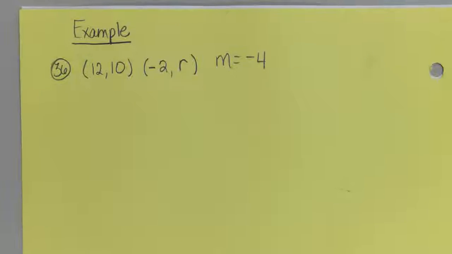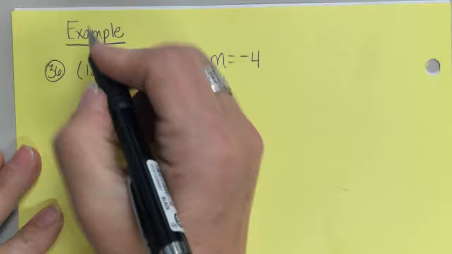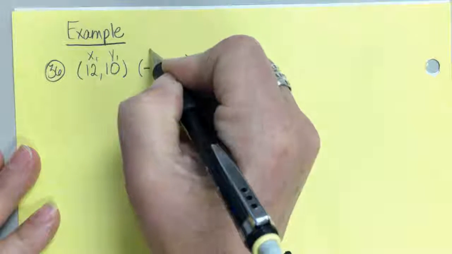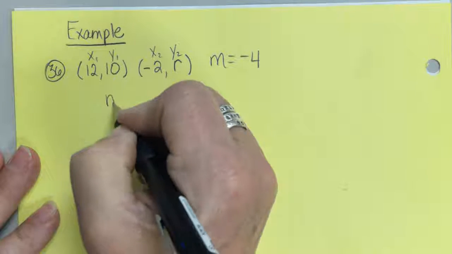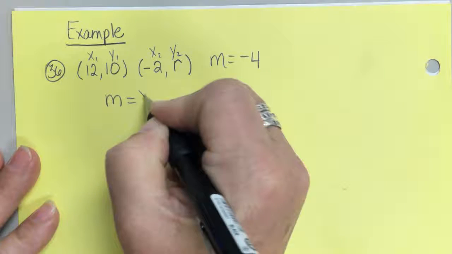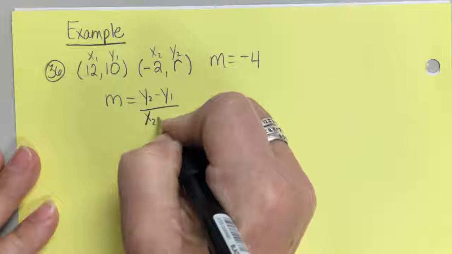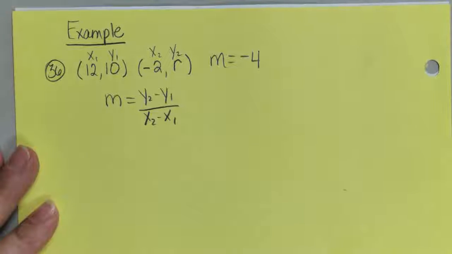Okay? So we're going to use our slope formula to solve this. Remember, again, how your points are labeled: x1, y1, x2, y2. Remember the slope formula we're going to use is m equals y2 minus y1 over x2 minus x1. Change in y over change in x.